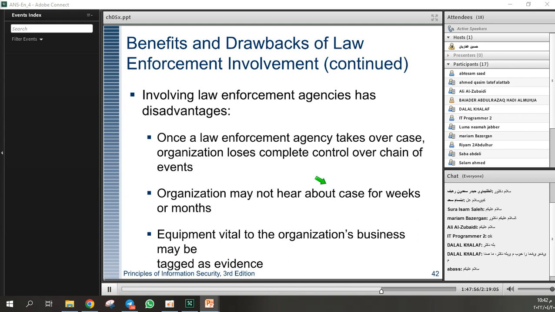It's not under the control of my company. For example, the court and the police come, and I don't know what will happen after that.